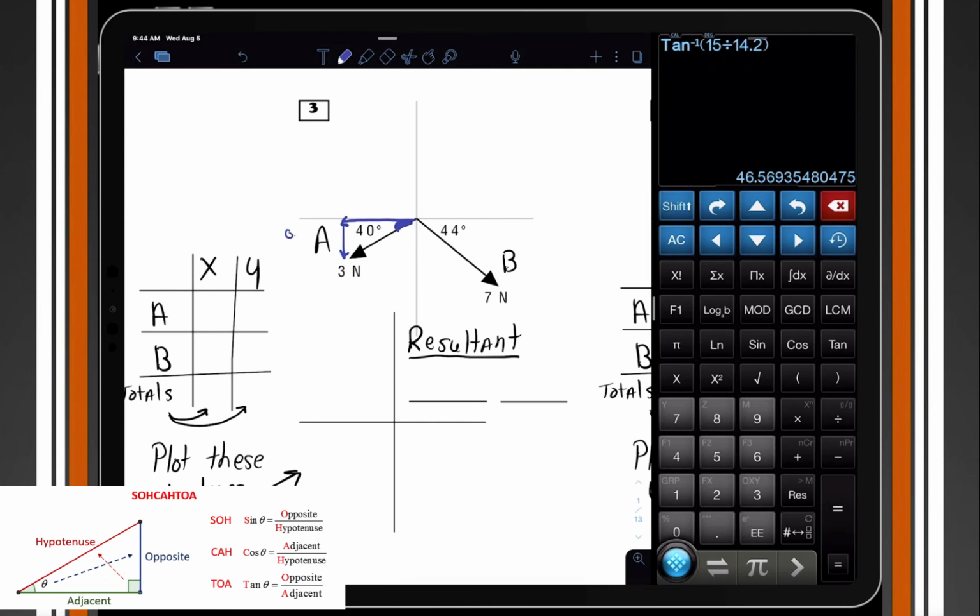Labeling it, we have opposite, we have adjacent, and you have hypotenuse. For the adjacent side, we are going to use cosine. So we'll have cosine of 40 degrees equals adjacent divided by 3.